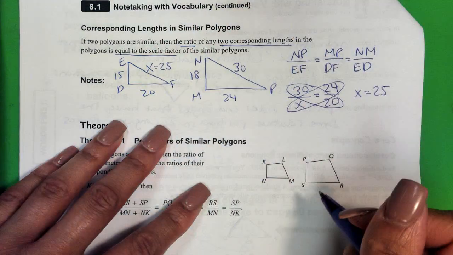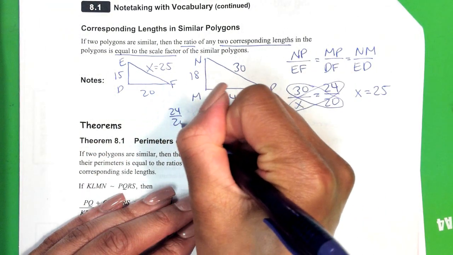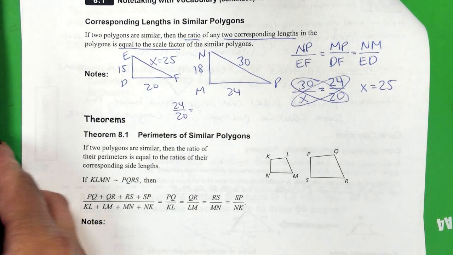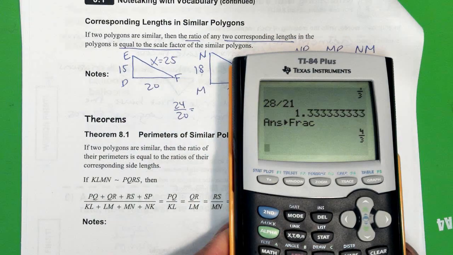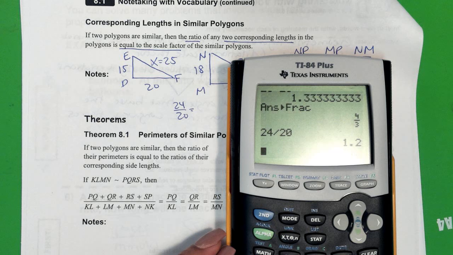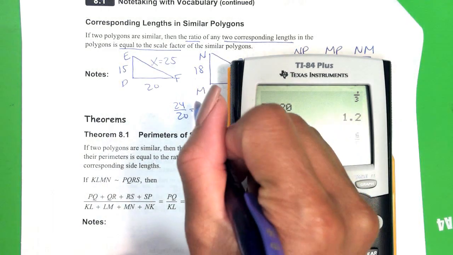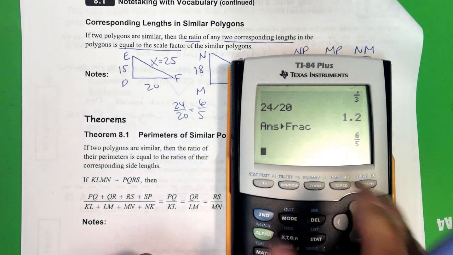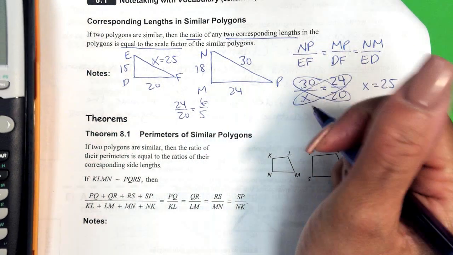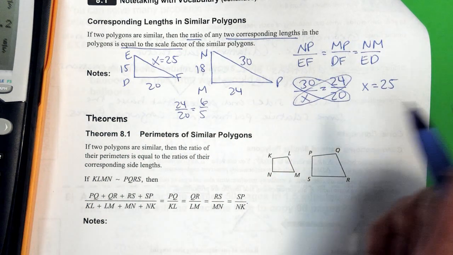So now let's compare our ratios. So I have 24 over 20. So 24 over 20, remember if we were to type it into our calculator, this is another way of reducing. I still have a 1.5, but if I hit math, enter, enter, I end up with 6 over 5. Okay, and let's check the other two. And then I have MP over DF.